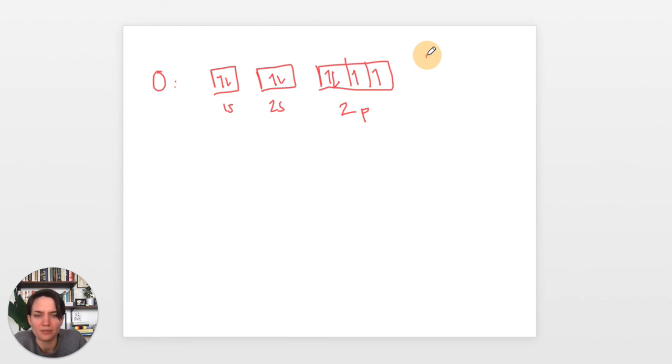Okay, so this would be my neutral oxygen atom. Now, I'm going to introduce you to a new term in this class, but most of you, if you took chemistry in high school, have heard of this. If you watch the video, these n equals 2 shells, that highest energy level, these are called our valence electrons.